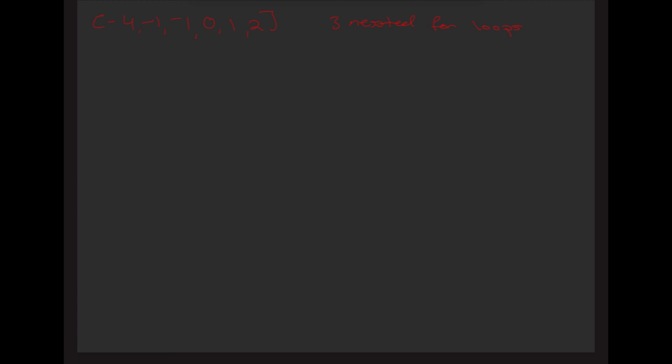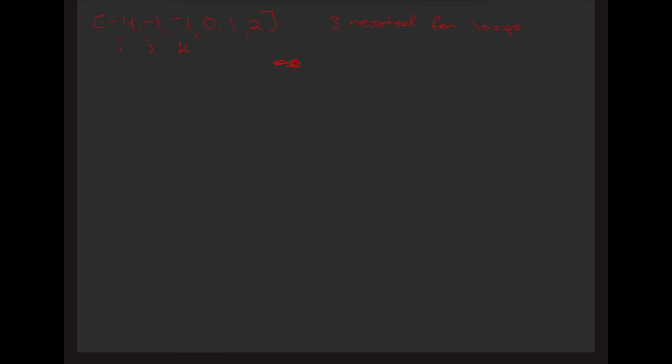The first loop is going to be i, starting at the first index, and then j is i plus 1, and then k is j plus 1. All you're doing is checking every single possible combination to see if the summation of these three values adds up to 0.